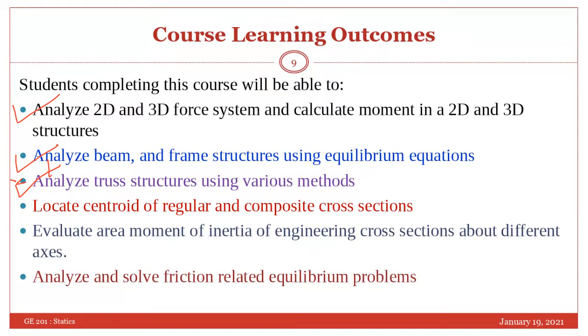So the load on the roof or load on the floor transfers to the beams, and beams are supported over the columns. It transfers from the beams to the columns, and then from columns to the foundation, the load goes, and then from foundation, the load goes to the ground. So this is the structure of the load transfer.